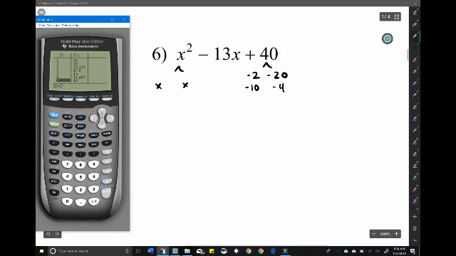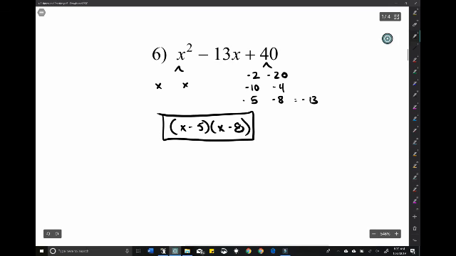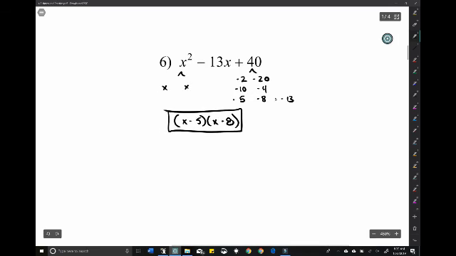Let's type in our calculator. Five and 8. That will be it. Negative 5, negative 8, negative 13. Okay, so x minus 5, x minus 8. That's it there. Okay, so be careful, especially with the plus and minus.